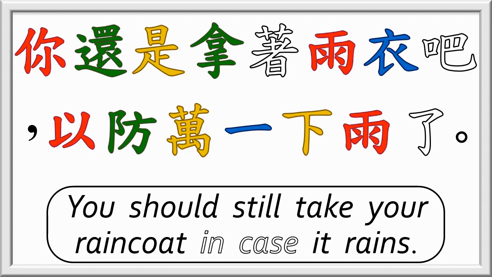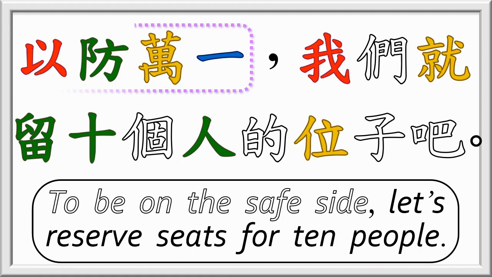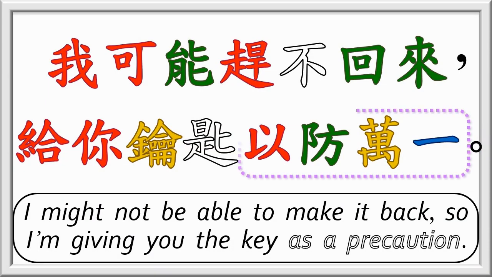You should still take your raincoat in case it rains. 以防万一，我们就留10个人的位置吧. To be on the safe side, let's reserve seats for 10 people. 我可能赶不回来，给你钥匙，以防万一. I might not be able to make it back, so I'm giving you the key as a precaution.